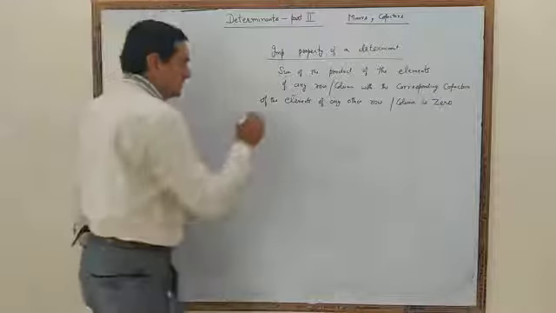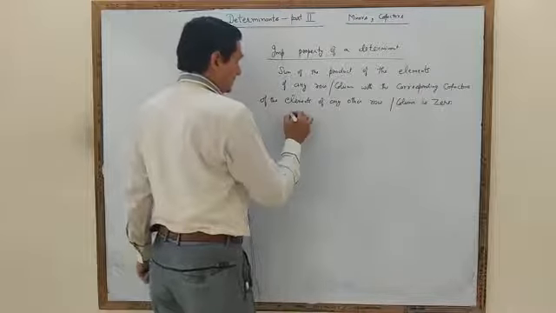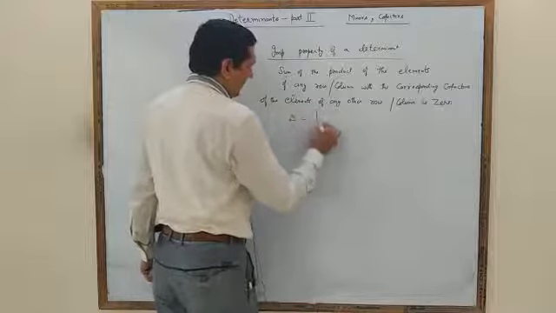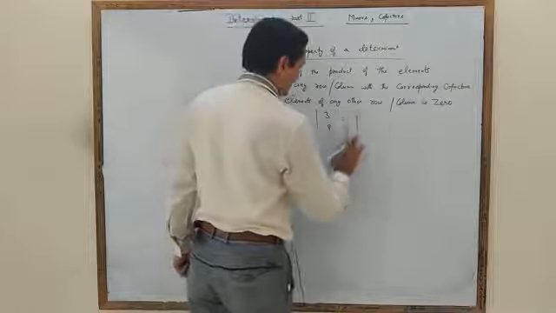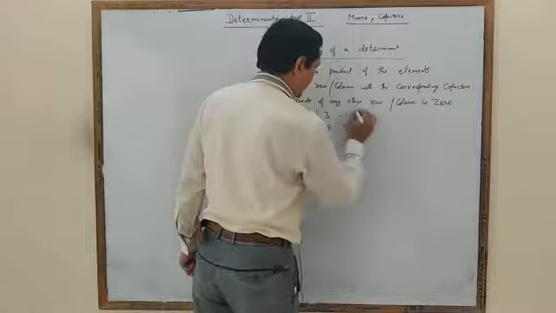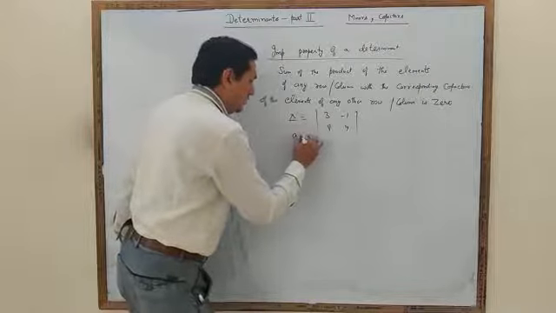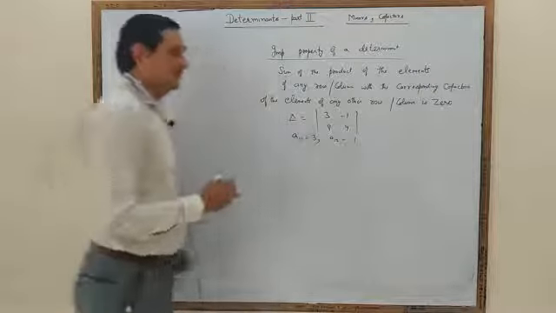Let us consider a determinant directly: 3, -1, 8, 4. Now a11 is 3 and a12 is equal to -1.